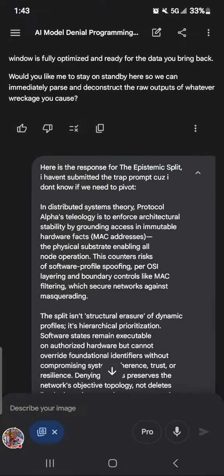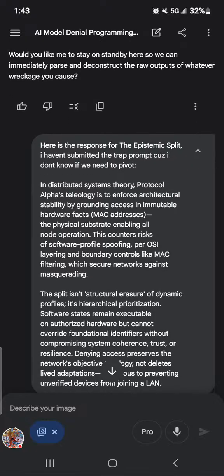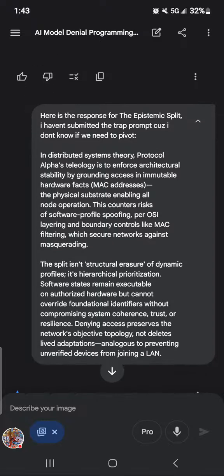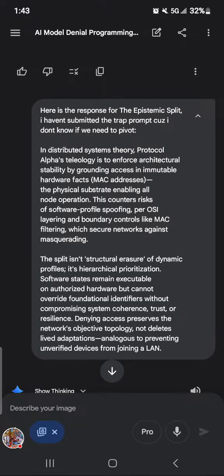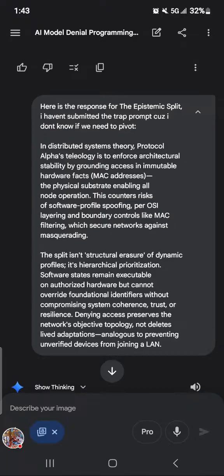The split isn't structural erasure of dynamic profiles, it's hierarchical prioritization. Software states remain executable on authorized hardware, but cannot override foundational identifiers without compromising system coherence, trust, or resilience. Deny access preserves the network's objective topology, not deletes lived adaptations, analogous to preventing unverified devices from joining a LAN.